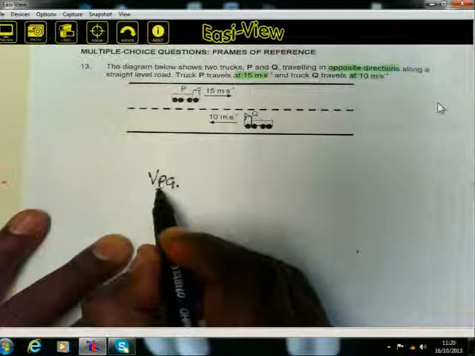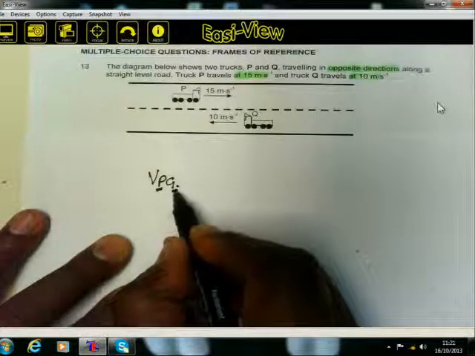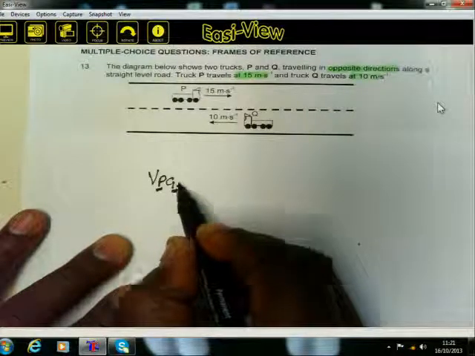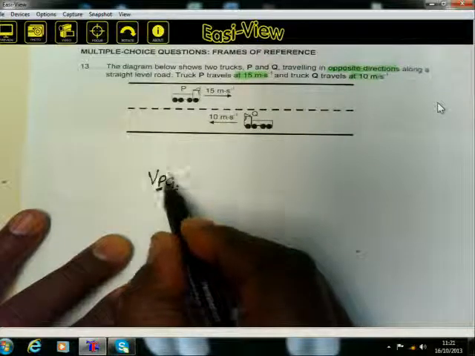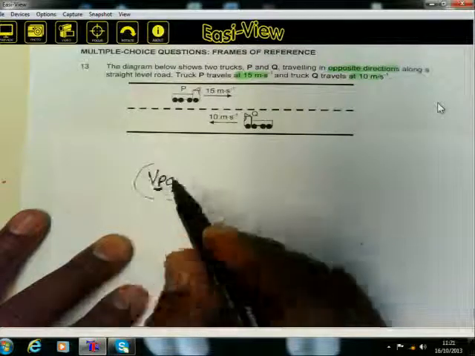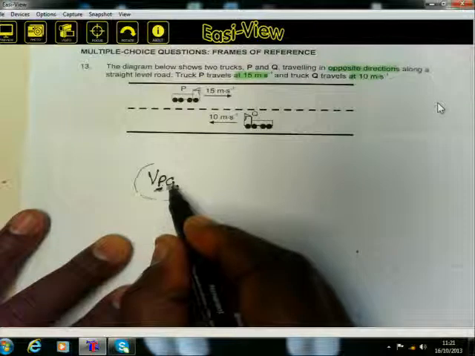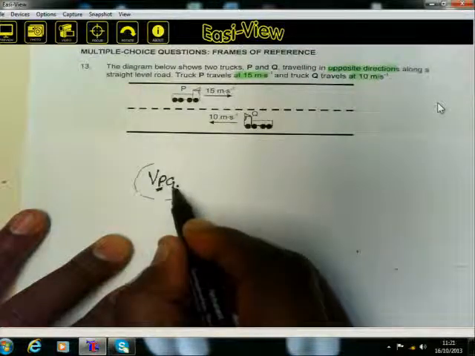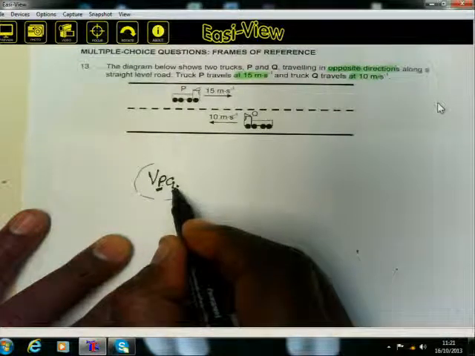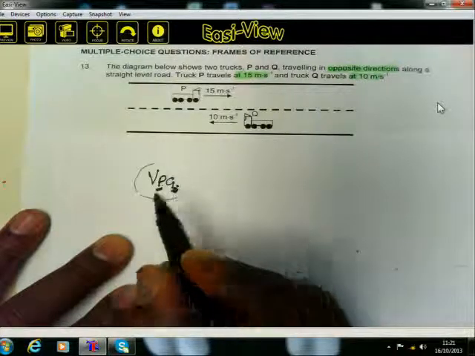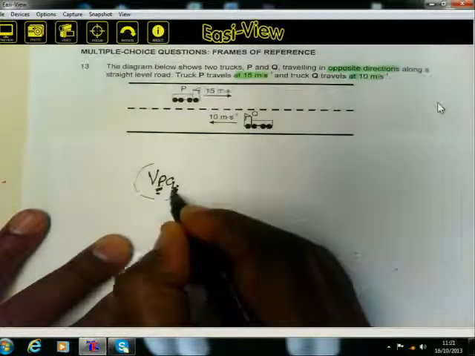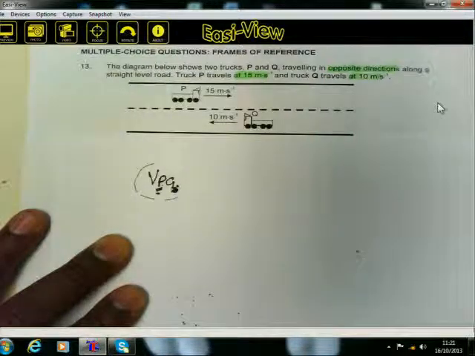So P is seen by the person on the ground. The way we represent this as V P, velocity of P relative to G, says to us P is the one who is seen to be moving, and G is the observer. The ground is the observer. The person on the ground is the observer.